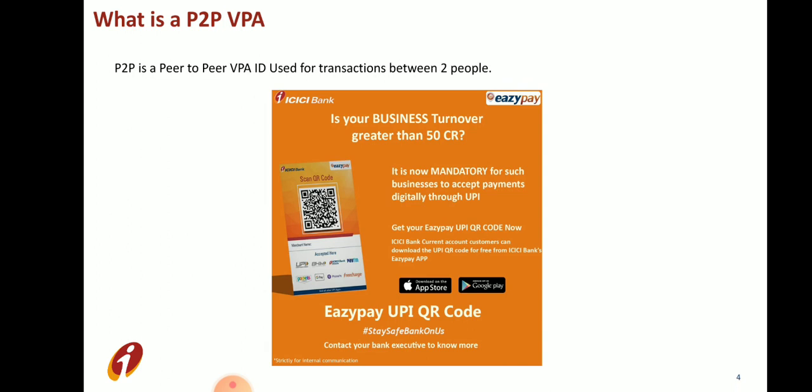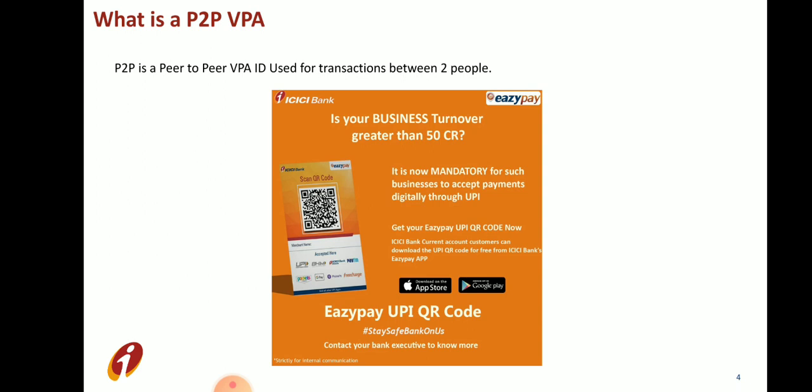Next is your P2P VPA ID, or a peer-to-peer VPA ID. Let's understand the use cases for both situations. Suppose I am a merchant and a customer visits my shop. I have a QR code pasted on my counter, and the customer can scan the QR code through any UPI enabled app and make the payment.